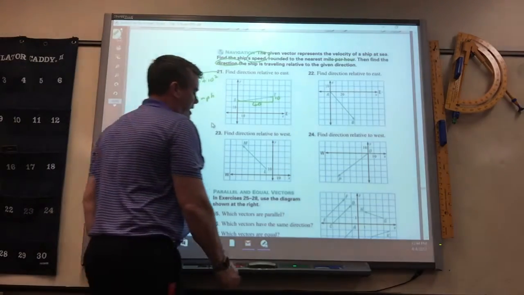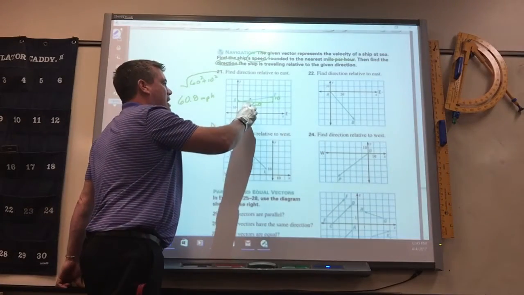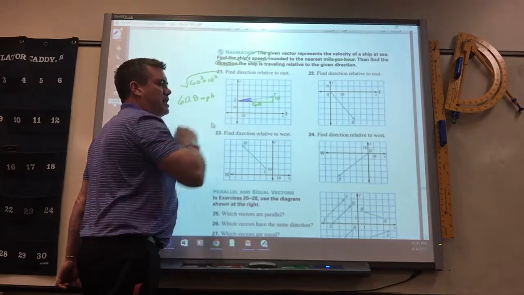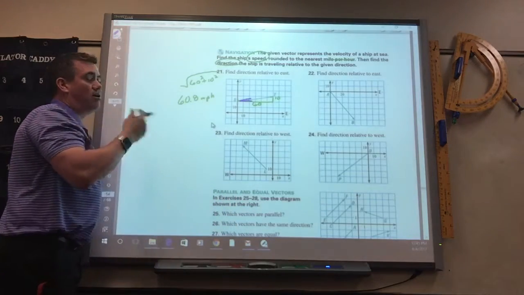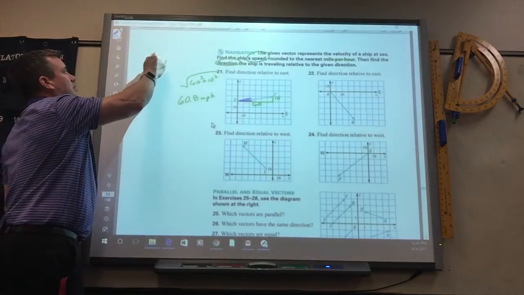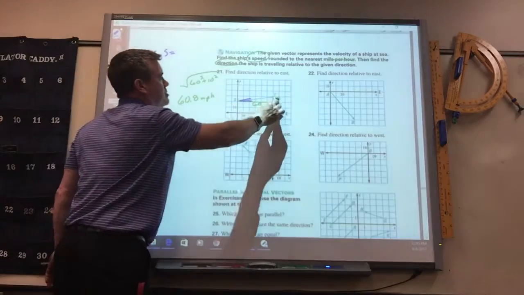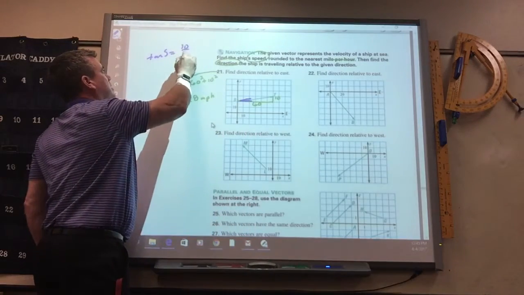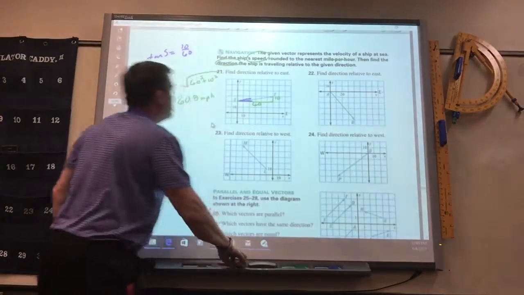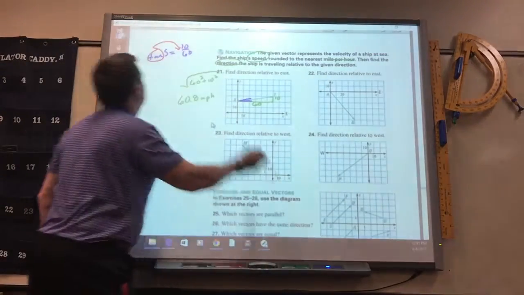And then we got to find a direction, which means we got to find the angle that's formed with the horizon, which is angle S. So again, all these vectors use tangent because you always know opposite and adjacent. Tangent of S is 10 over 60, opposite over adjacent. So in order to solve this, you move the tangent over.